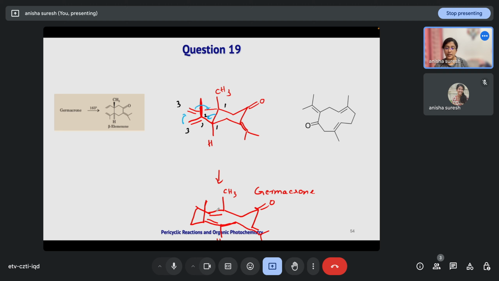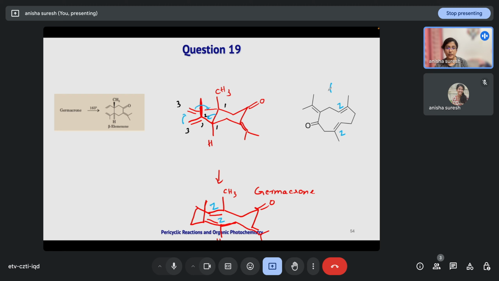And here the newly formed alkene is a Z alkene, and this is Z alkene, and this is also a Z alkene. Both the alkenes are Z. As you can see here, this is a Z alkene, this is a Z alkene.